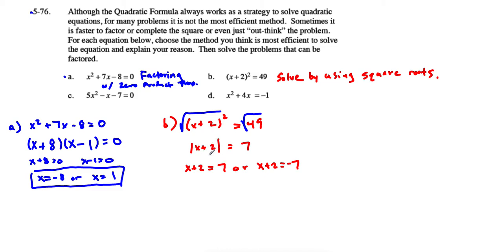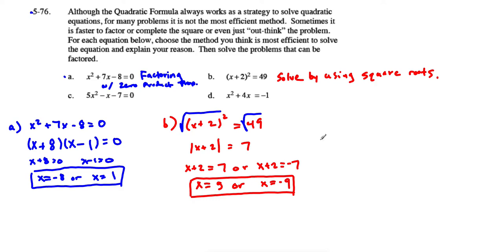Not for x, but just for the whole thing there. Subtract 2 from each side, x equals 5, or x equals negative 9. There is letter B. Now remember, it didn't force you to solve that one, but a little extra practice doesn't hurt.